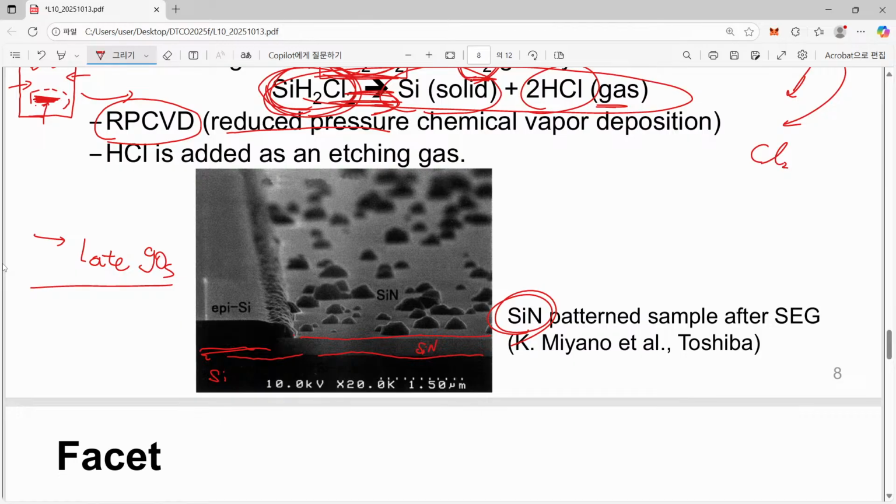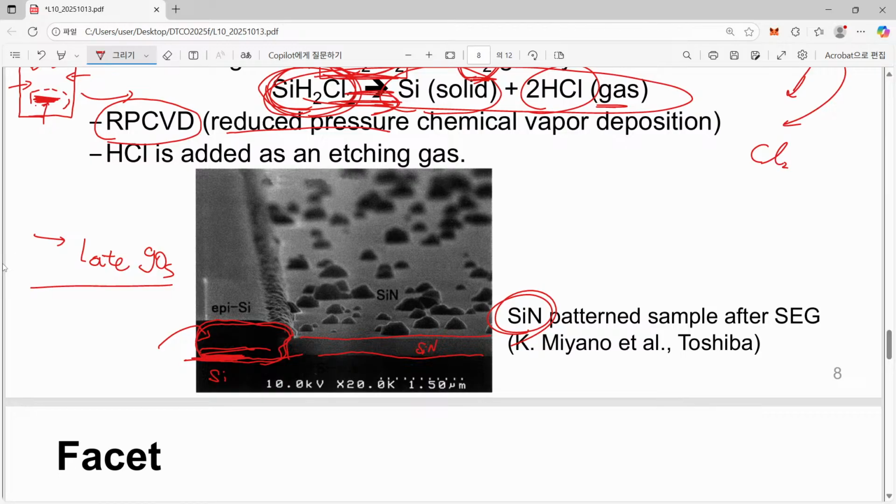Here this part is covered by silicon nitride, and this part was just exposed to the air. Then what happens? On top of this original silicon layer, we have a certain growth of epitaxially grown silicon. This is what we wanted to have.